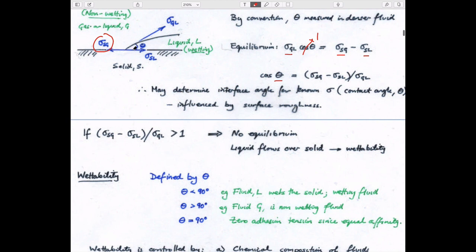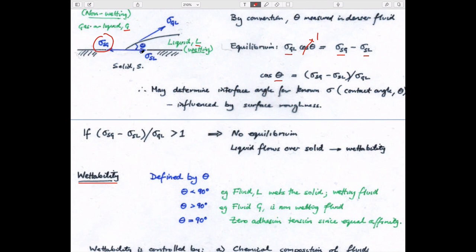And the important components are that it defines what we'll refer to as wettability. And it's defined by this angle only, not these values of interfacial tension, although these values of interfacial tension contribute to that angle. And this angle is always measured in the densest fluid, and remember fluids can be liquids or gases, so both this gas and this liquid are fluids, but only one is a liquid.